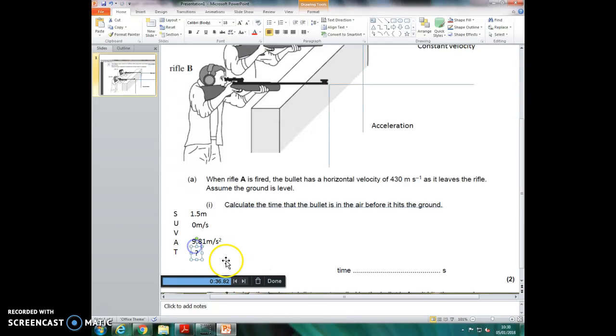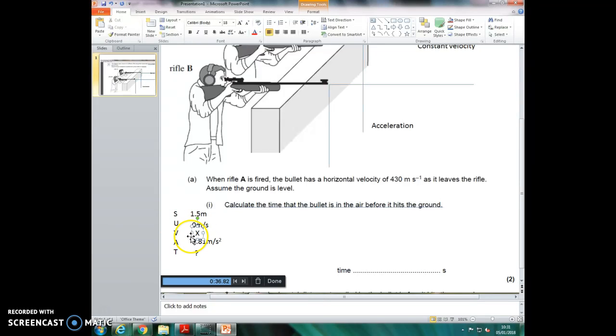Now just to complete the list, V is not a question mark. V is actually unimportant for this particular one. So we look through all these SUVAT equations. You may want to do this as I go.